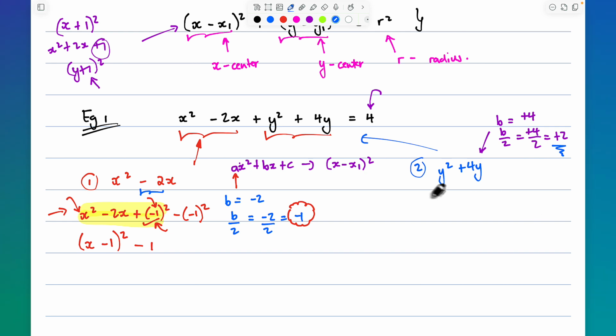So we're going to say y squared plus 4y plus the square of that, minus the square of that. So you add the square of positive 2, you subtract the square of positive 2.